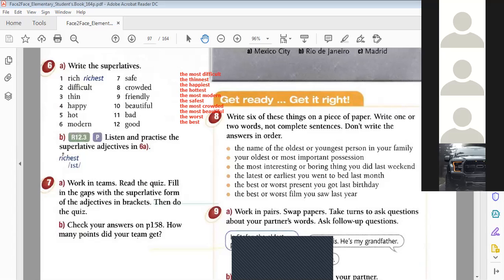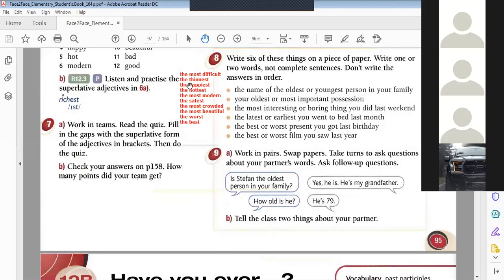Recording 12.3. Richest. Most difficult. Thinnest. Happiest. Hottest. Most modern.